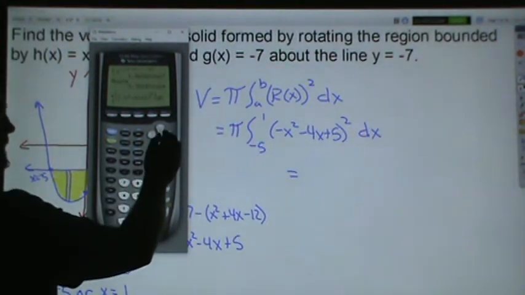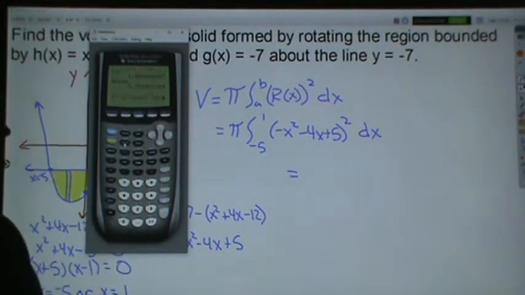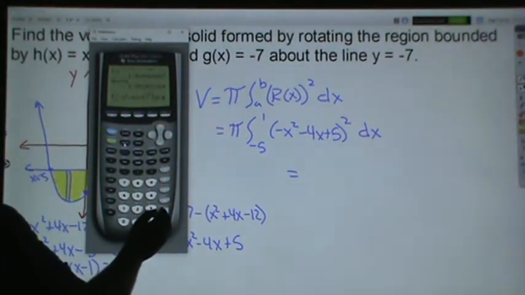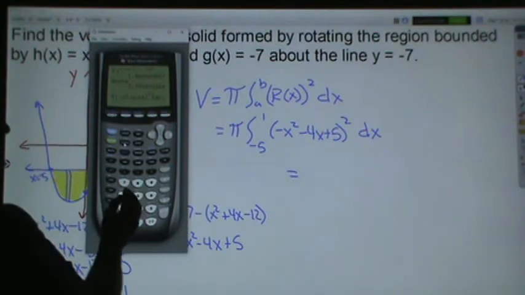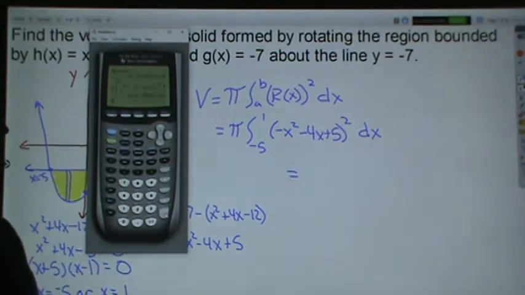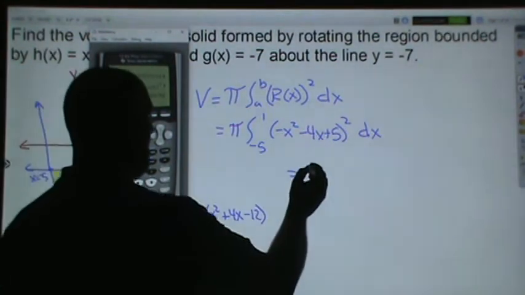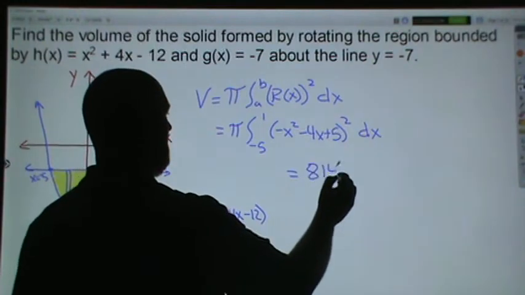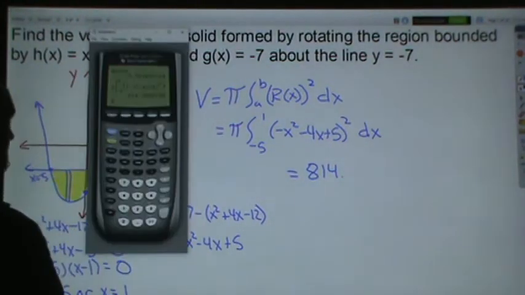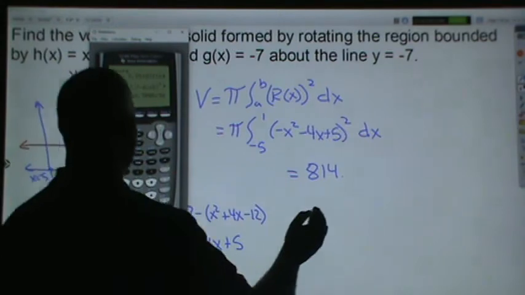And I'll throw a dx in there. I already have the d, I just need to add the x. Make sure all my signs look correct, and that gives me an answer of 814.301.